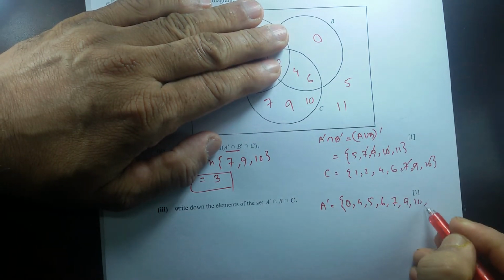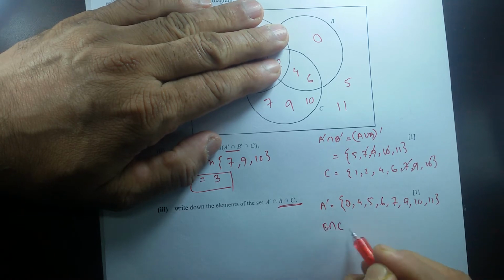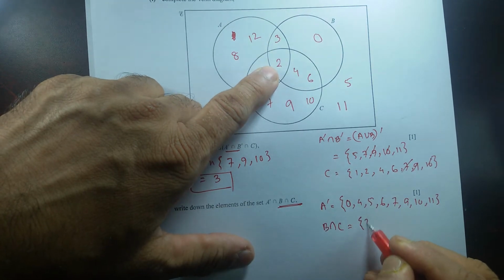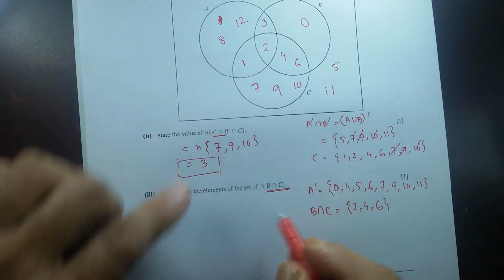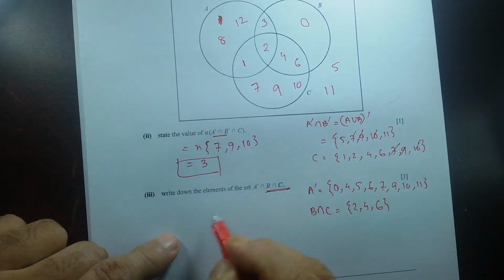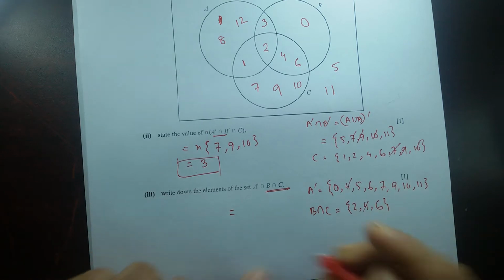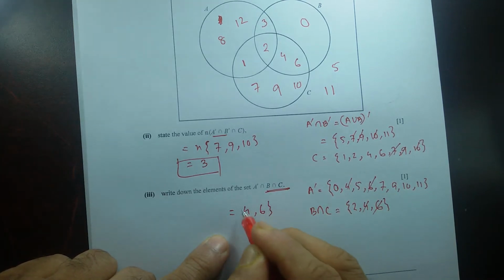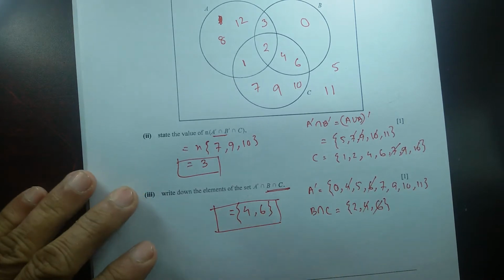And B intersecting C: 2, 4, and 6. Therefore the common ones here are 4 and 6, 2 elements. It didn't ask for the number of elements, so this is the final answer. Okay, that's question number 1.